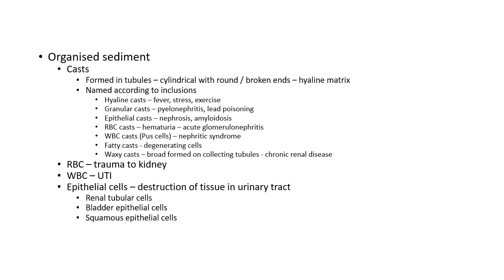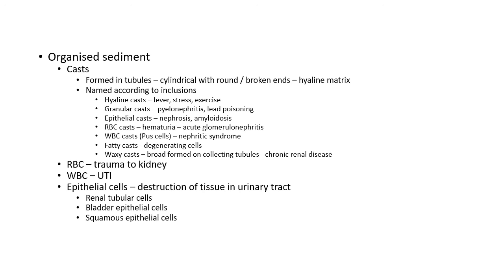Red blood cell casts are seen in hematuria and are found in pathological conditions like acute glomerulonephritis, renal infarction, etc. White blood cell casts are seen in patients with acute glomerulonephritis, nephrotic syndrome or pyelonephritis, and they are composed of pus cells.